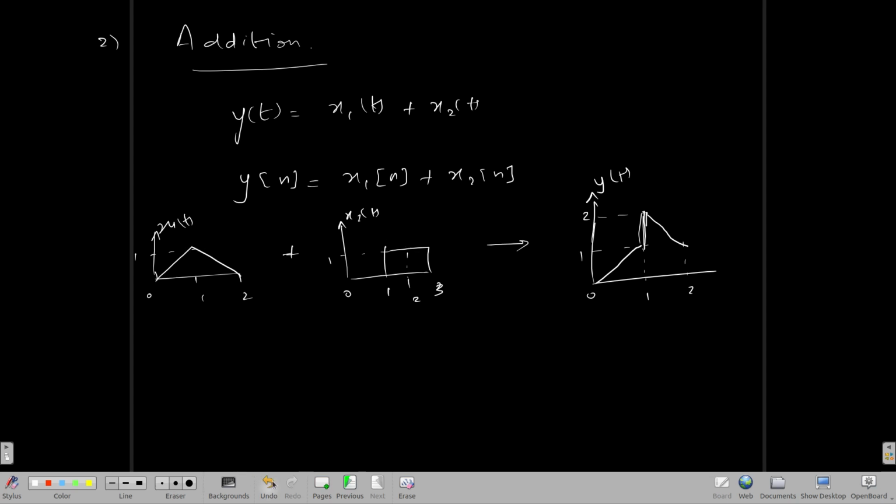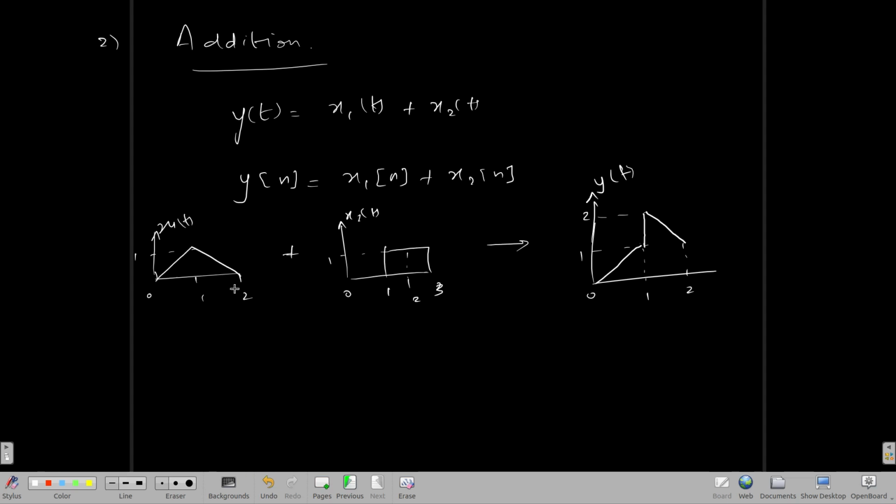So let me just redraw it properly. Okay, this will be like this. 2, this slope will be exactly coming here. So you can verify in between whichever point you see, this will be added to this constant value.